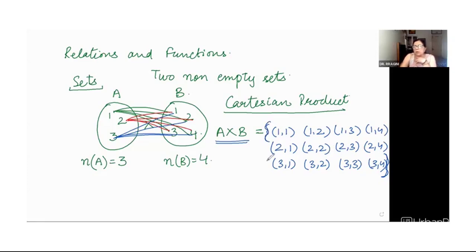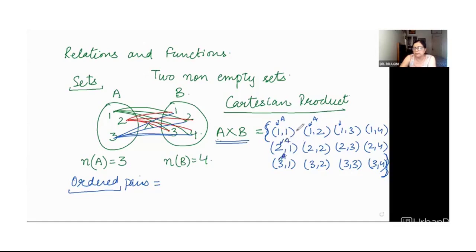These are called ordered pairs. Why is it called ordered? Ordered means if we are taking the product, the order of the sets matters. That's why if we are writing A cross B, that means the elements at the first position are the elements from set A, right?